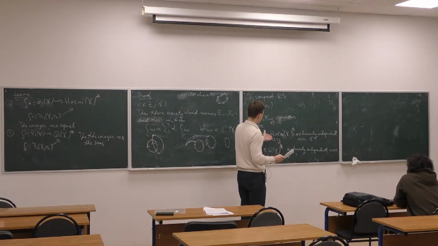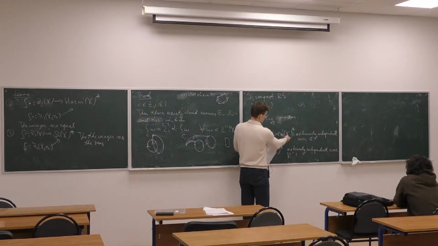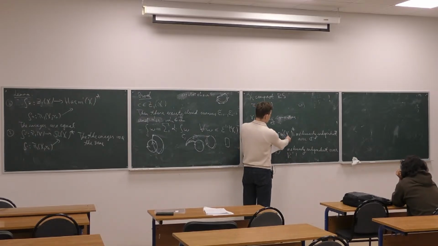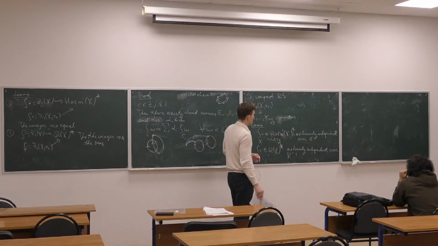So this is a space of dimension 2G, a complex vector space of dimension 2G. So you have 2G elements. Then I just want to say that they are linearly independent over C.